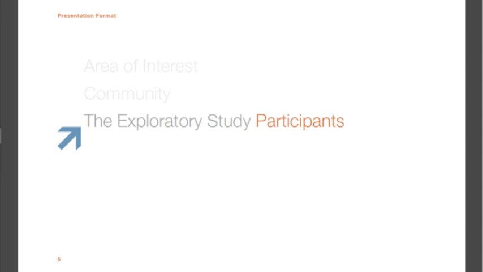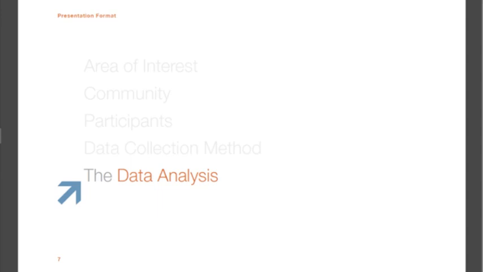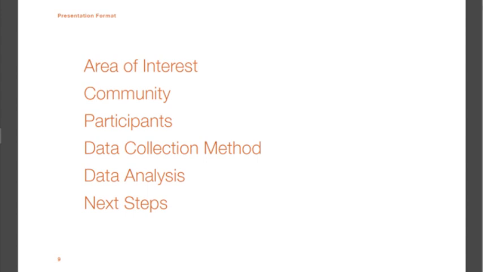Third, we'll look at the participants for this particular study. Then the data collection method that I used in this exploratory study. And last, how the data was analyzed. Following that will be the future study and the next steps, where I plan to go with these interests, what I've learned. So these 6 areas represent this presentation, just in brief.